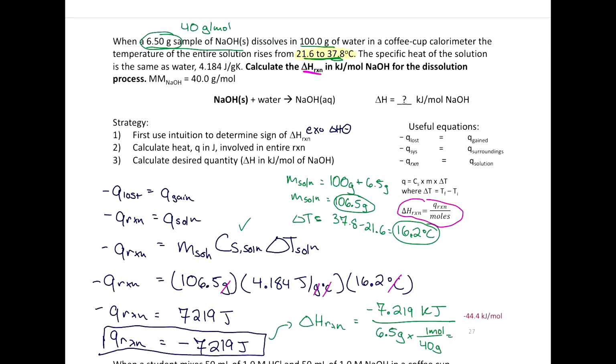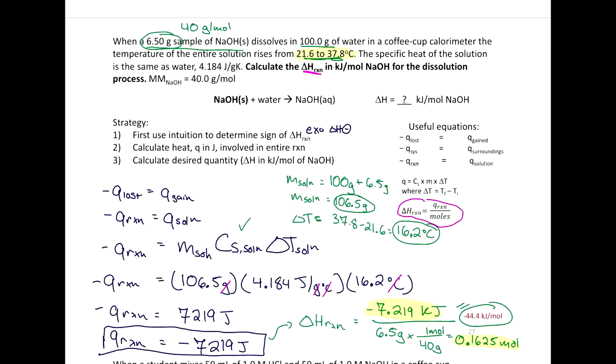This whole denominator is equal to 0.1625 moles. So I'm going to divide the kilojoule amount that this reaction actually released by the mole amount that's actually there, and we should get negative 44.4 kilojoules per mole.